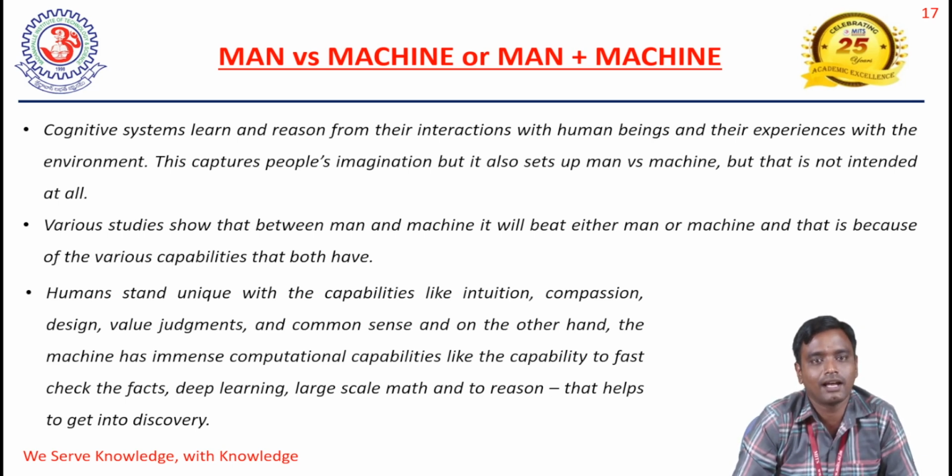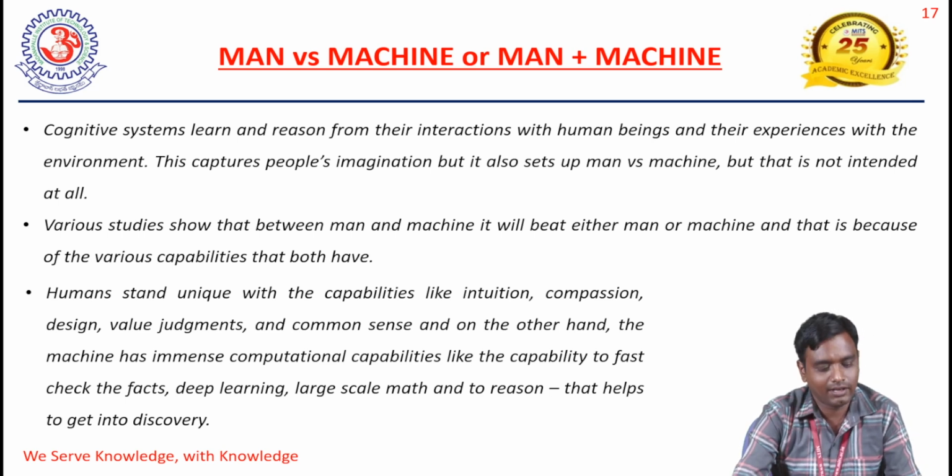So this content clearly explains how human has certain capabilities and how a machine has certain capabilities. Machine can do certain things in a smarter way, human can do certain things in a smarter way, but without the support of each other, cognitive computing can't be applied. This is what we are intending here.